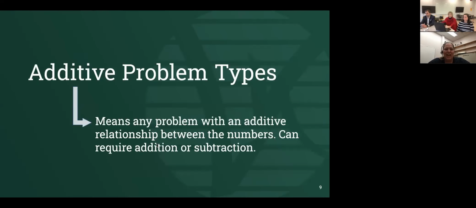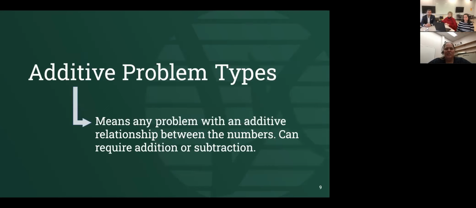Before we can look at how to move students, we have to do a little bit of professional digging for ourselves. For some of you, this will be old hat, and for some of you, this will be new information, but we do have to look at the additive problem types. An additive problem is a story that has an additive relationship between the numbers.